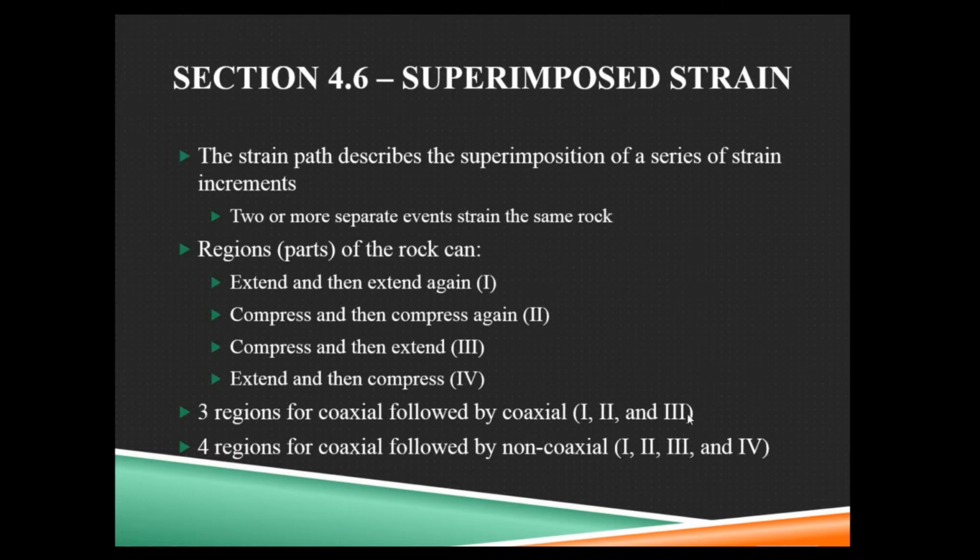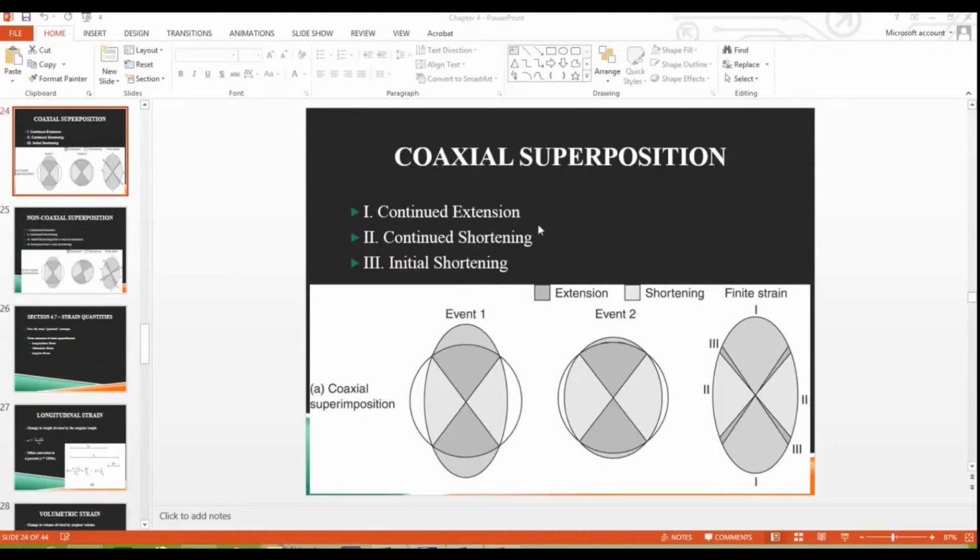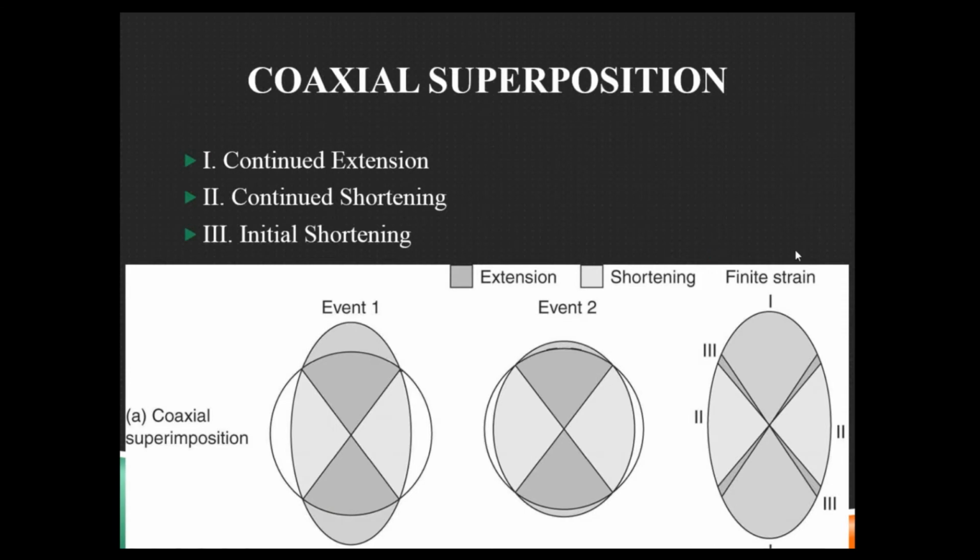Regions 1, 2, and 3 can be in coaxial, and then all 4 can be coaxial followed by non-coaxial. Okay, so the coaxial superposition, we've got types 1, 2, and 3 for different regions in the rock.